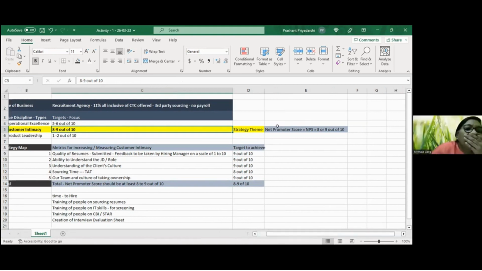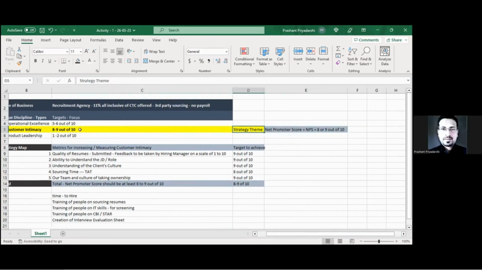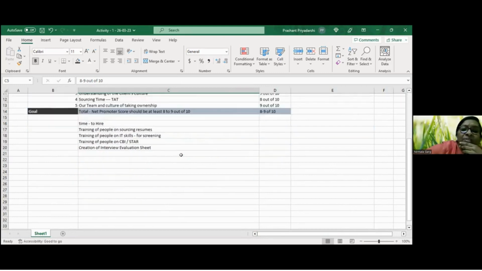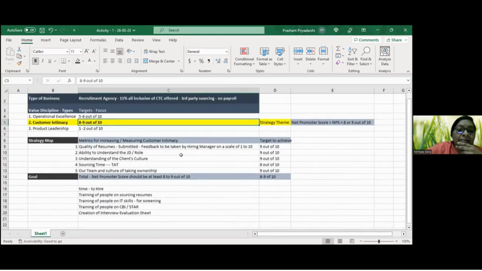Net promoter score of 8 or 9 is our target, and that is the strategy theme so that we get repeat business. And the strategy map, how do you measure the metrics? We will come to this definitely, you can keep it aside.